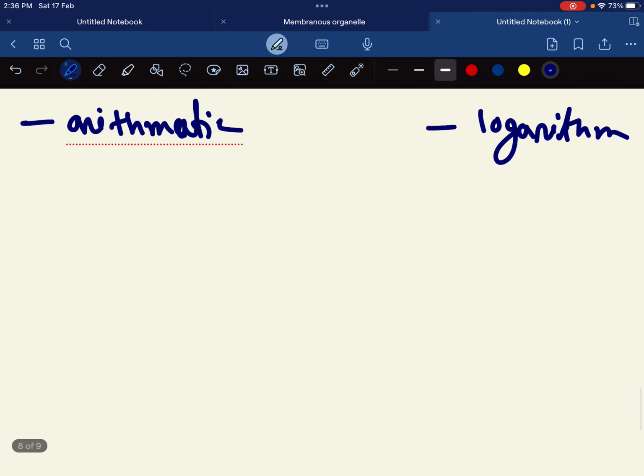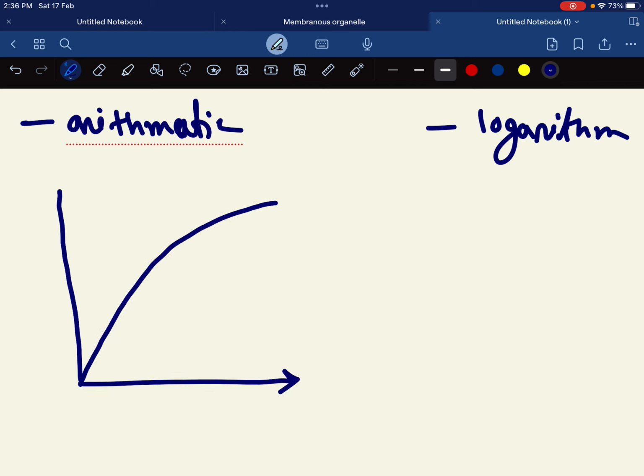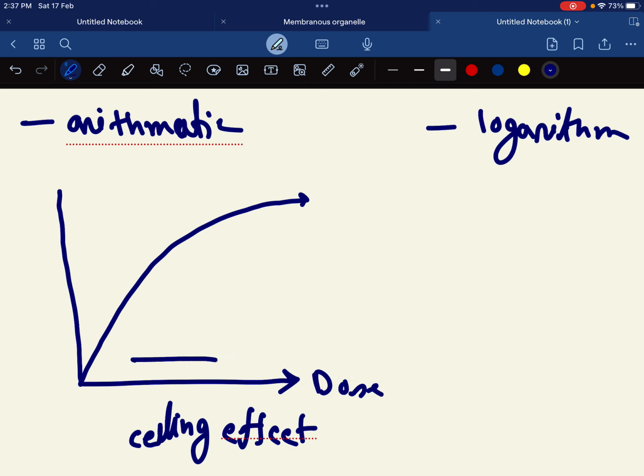In arithmetic presentation of a curve, the dose response curve will be like this one, the hyperbola. Why hyperbola? You know that there is a term called ceiling effect. What is ceiling effect? It is very much common sense that when you increase the dose, you will get an increased response.